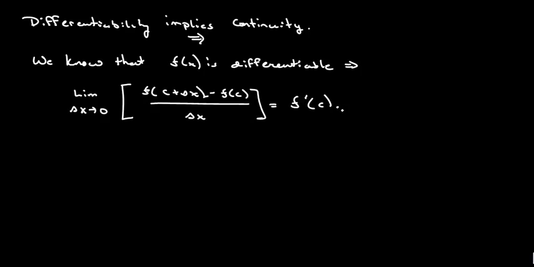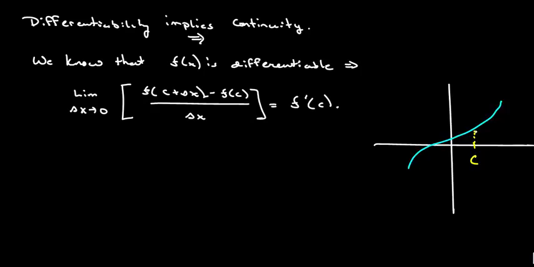So let me draw a picture of what's going on here, because that's a lot of variables to be thrown at you. So what we're saying is, let's say we've got some kind of function, and we pick some point on it, we call it c. Of course, if we go up here, we go over to here, then this is the function at c. Now let's go a little bit further over, call it delta x.